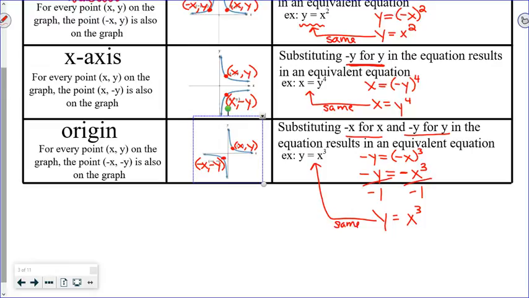If I can use some algebra manipulation and get it to match the original, it has symmetry about the origin. Questions on that?